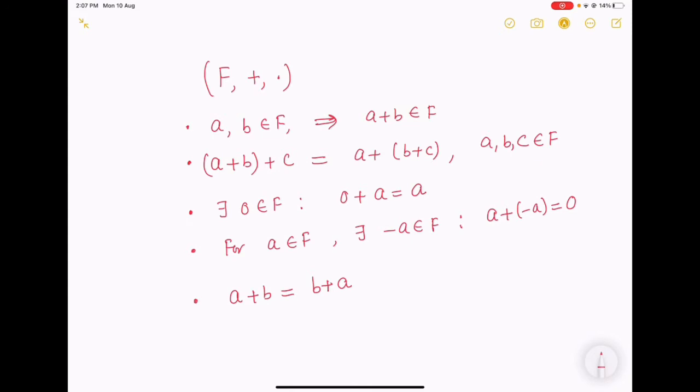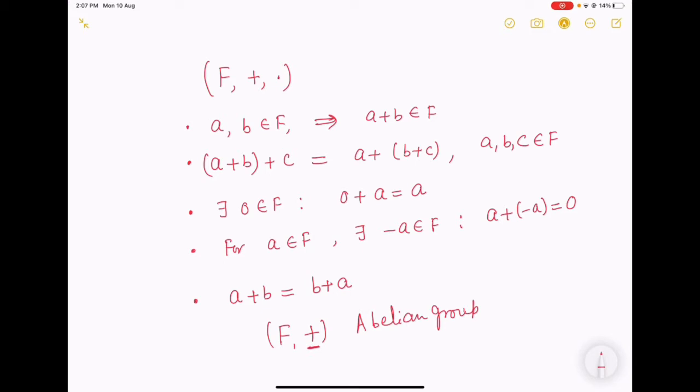So these 5 properties show that F, plus forms an abelian group with respect to the operation plus.